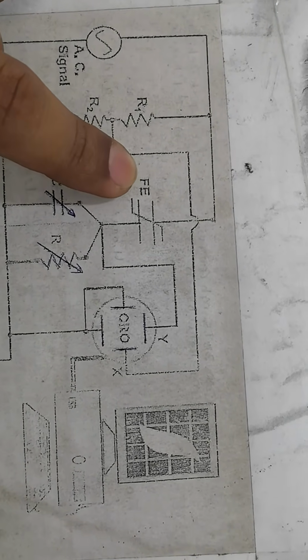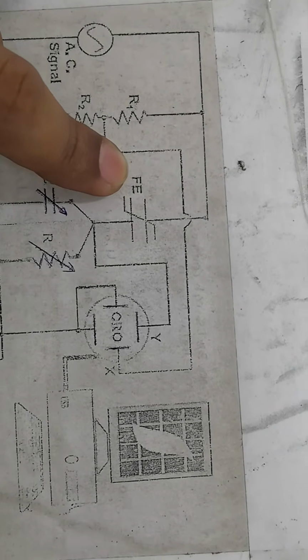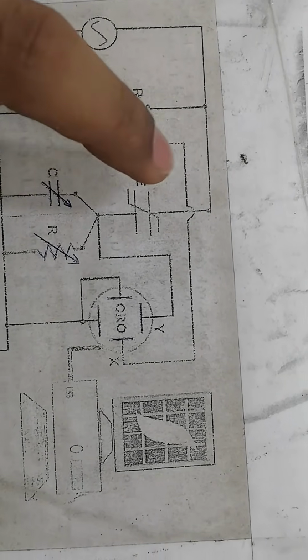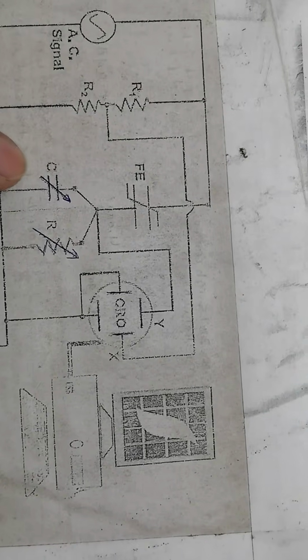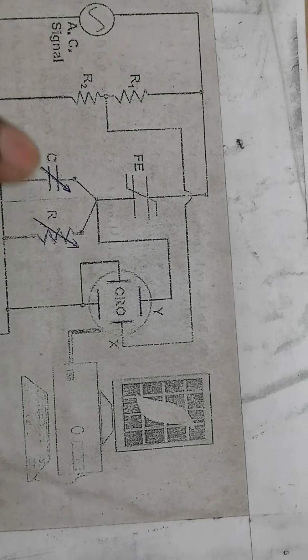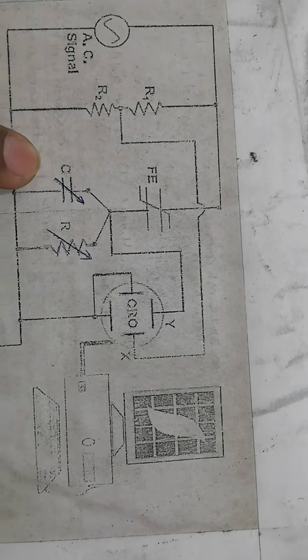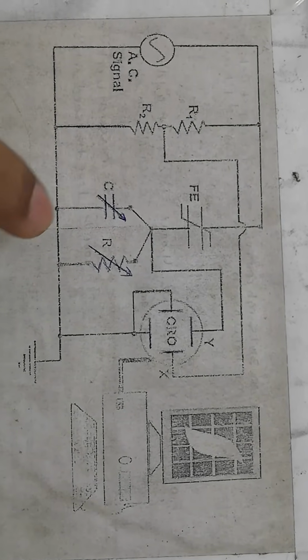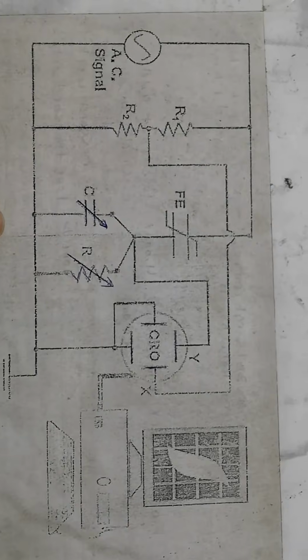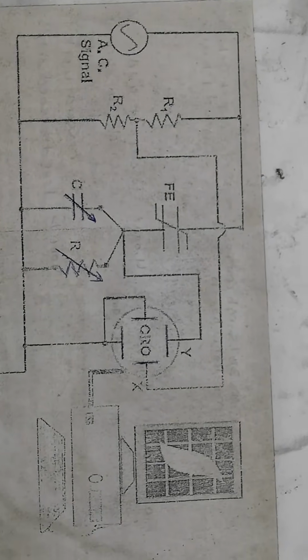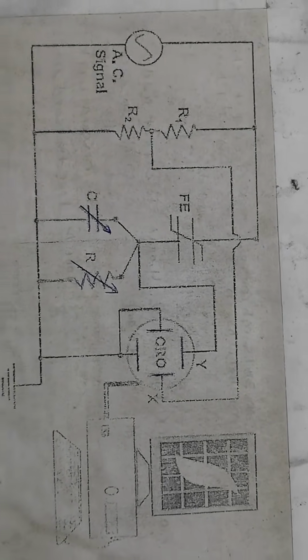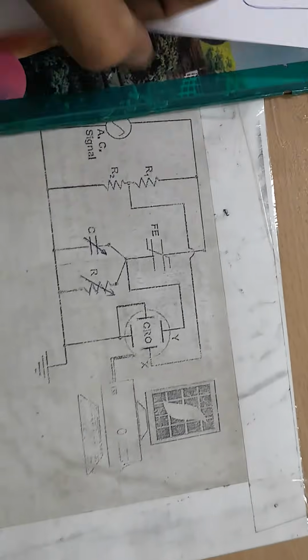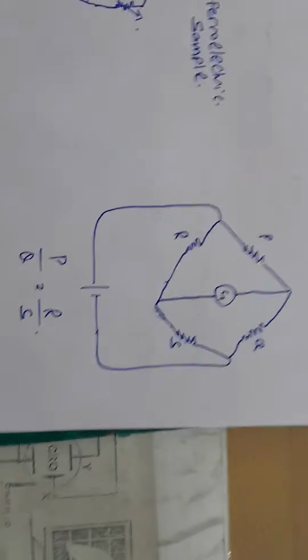Every ferroelectric sample has some capacitance and resistance value, so according to that we have to adjust the capacitance and resistance to get an exact PE loop for a ferroelectric sample. Basically, the Sawyer-Tower circuit works like a Wheatstone bridge, right? So if I show you, this is the Wheatstone bridge.